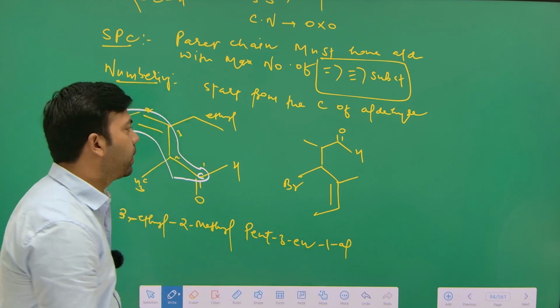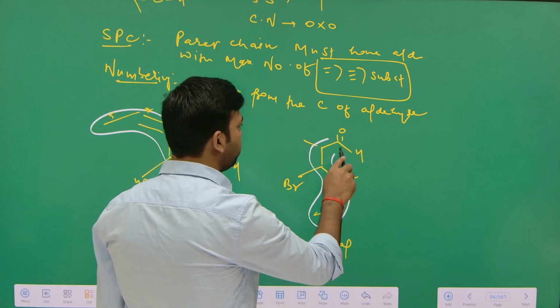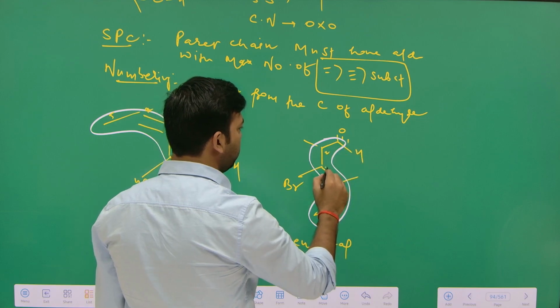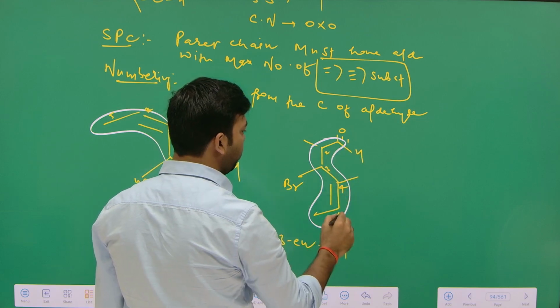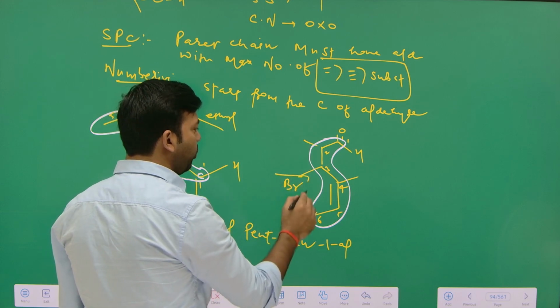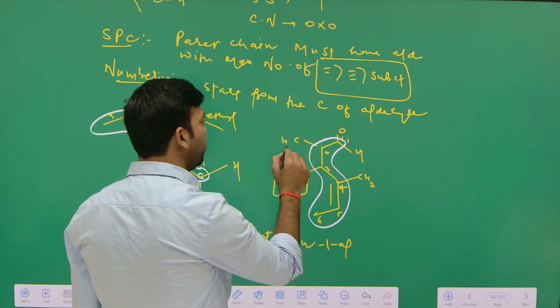Okay. Here this is my parent chain. 1, 2, 3, 4, 5, 6. Name of substituent in alphabetical order. This is bromo, so B, and both others are methyl, so B comes first.